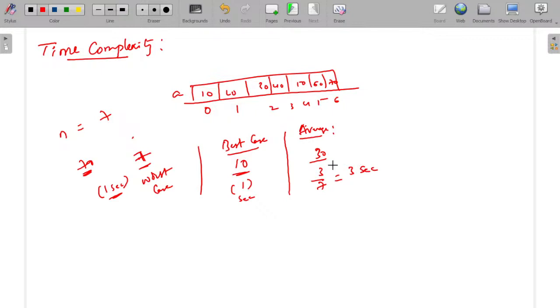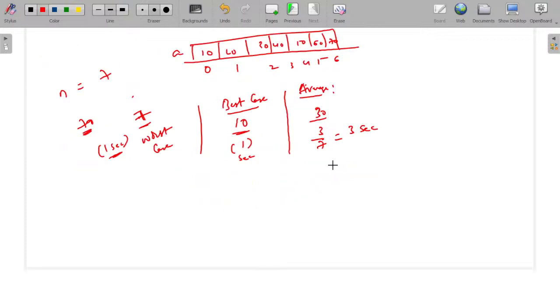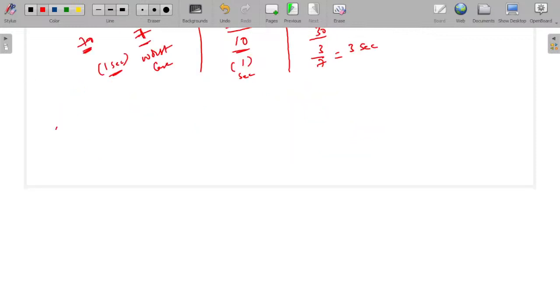Time complexity is nothing but the amount of time it is going to take to complete the execution of a given algorithm or a given program. And time complexities are not of just one case, they are of 3 different cases: the best case, the average case, and the worst case.